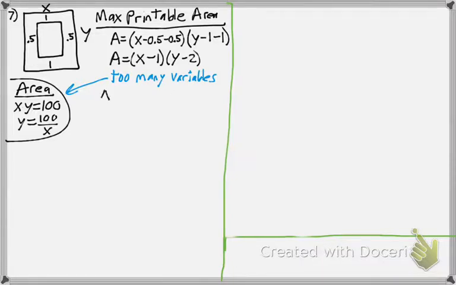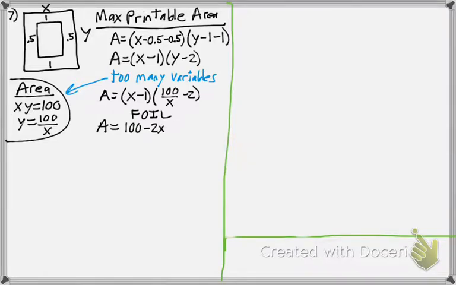So A is going to be equal to x minus 1, and then instead of putting y minus 2, I'm going to put 100 over x minus 2. Then I want to FOIL this. So A is going to be equal to x times 100 over x is 100. Negative 2 times x is negative 2x.